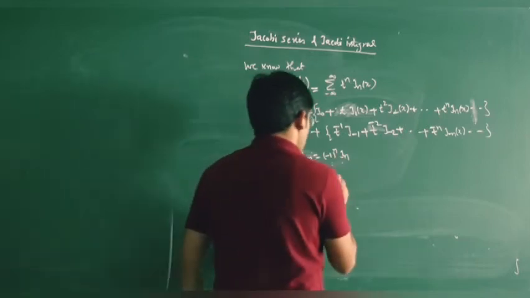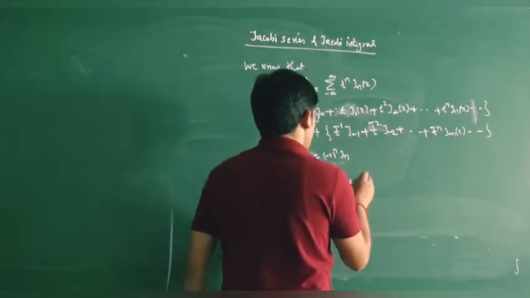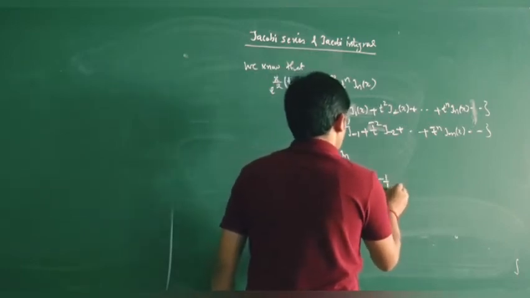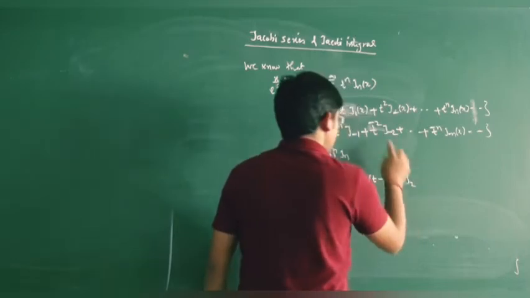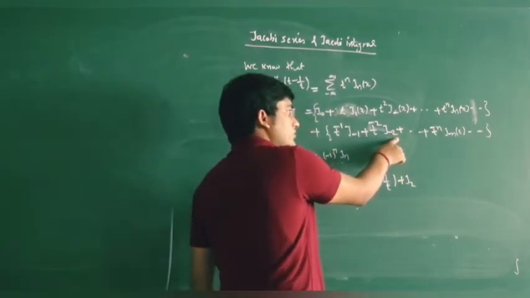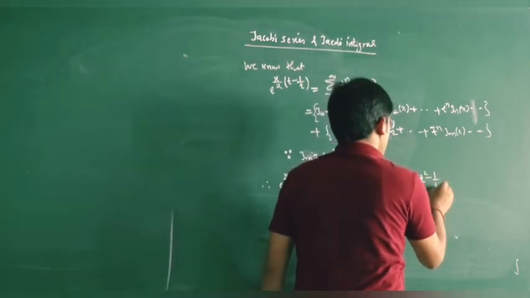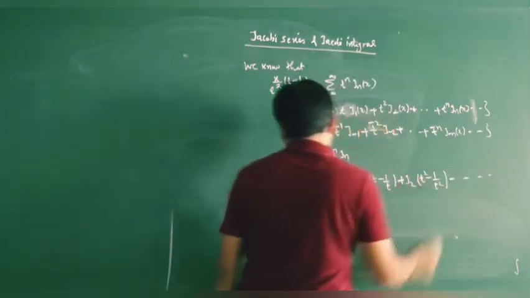So this left hand side can be written as J0, then if you take J1 common, we will have t minus 1 by t. Now if you take J2 common, since J minus 2 is equal to minus 1 power 2 into J2, this will be t square minus 1 by t square, and so on.